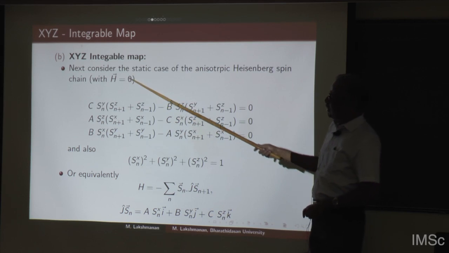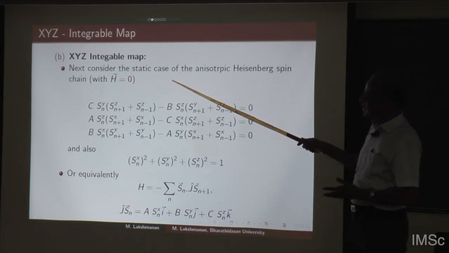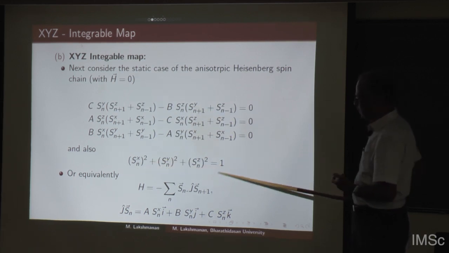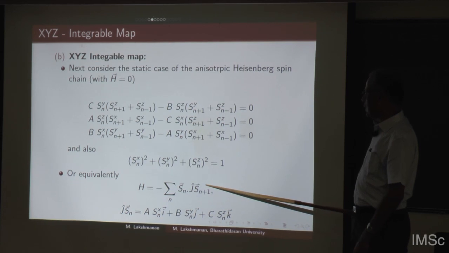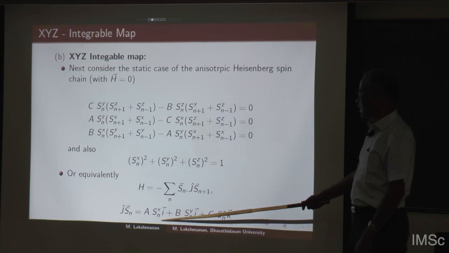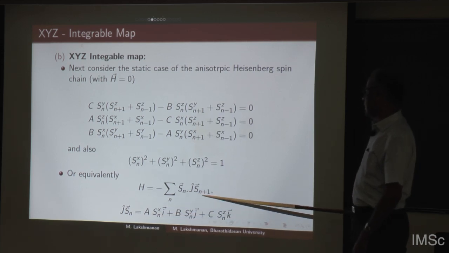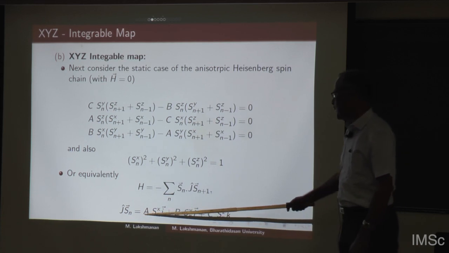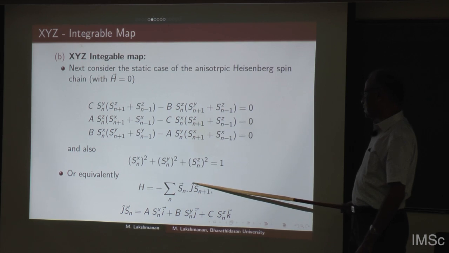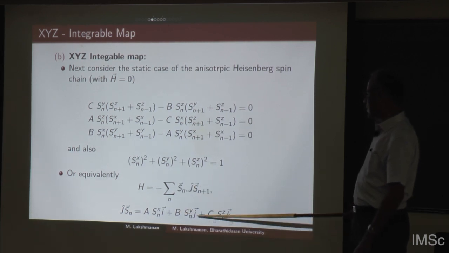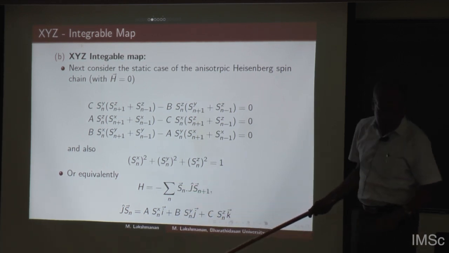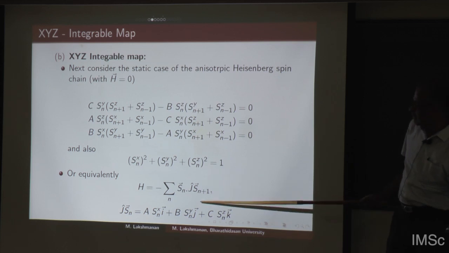Similarly, if you consider a three-dimensional integrable system, then you find that you have this system of equations with this spin constraint, and you have the Hamiltonian, where the Hamiltonian is written as a S_n^x S_{n+1}^x plus b S_n^y S_{n+1}^y, etc. Then one can show that this system admits two integrals besides this.